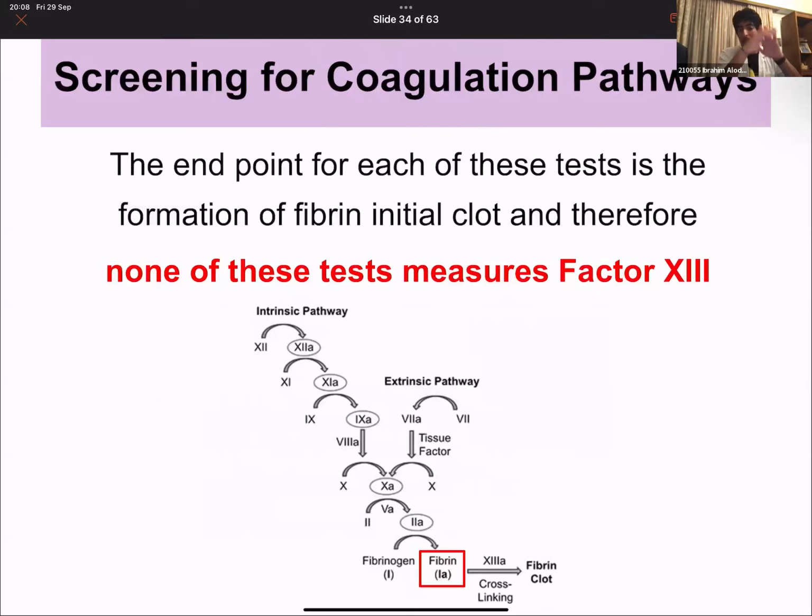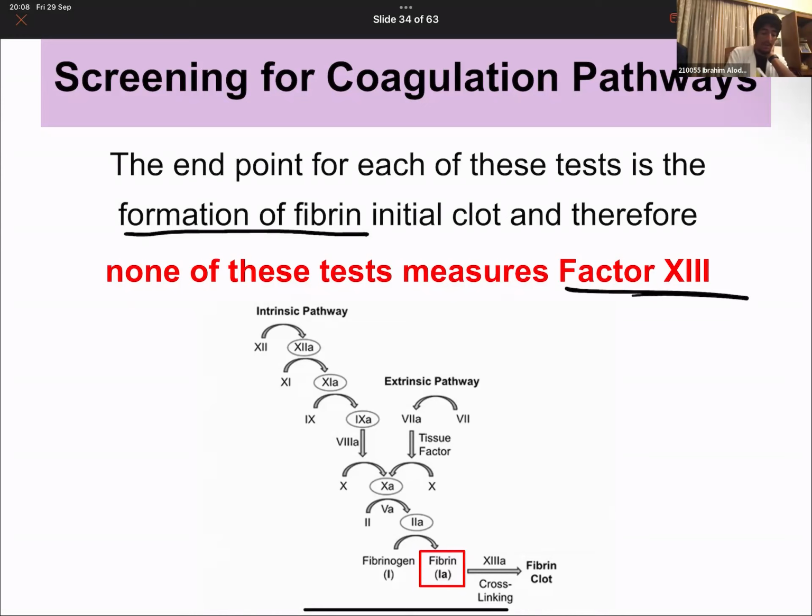The end point of each of these tests that we do to check for secondary hemostasis is that we want to see the formation of fibrin, period. And what you need to know, and I put it in red and bold, is that none of these tests measure factor 13.